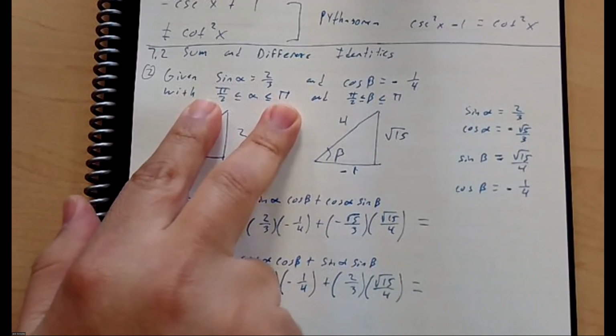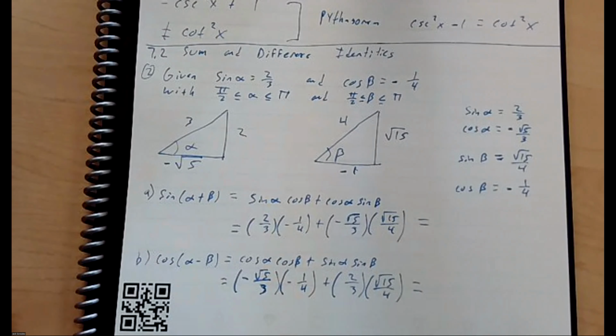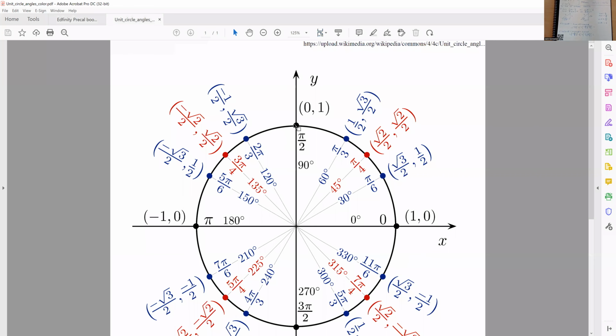So this is telling you the location. So if you look at the circle, pi/2 is right here. So from here to here is what it's saying, pi/2 to pi. So you're in this slice. Okay, so quadrant 2.